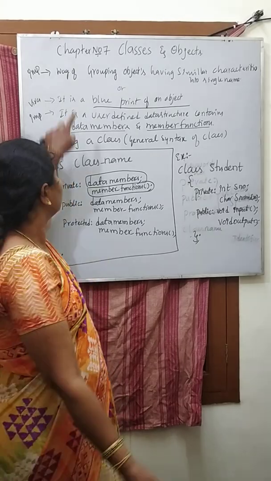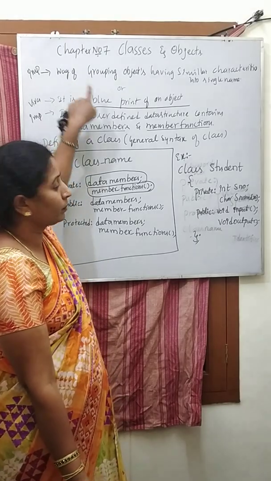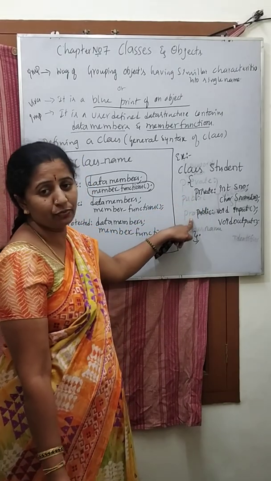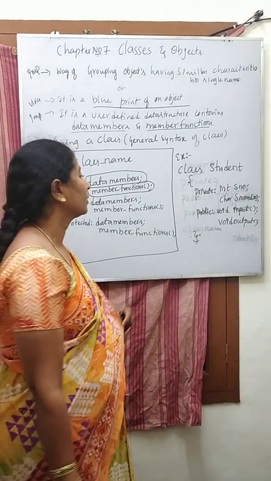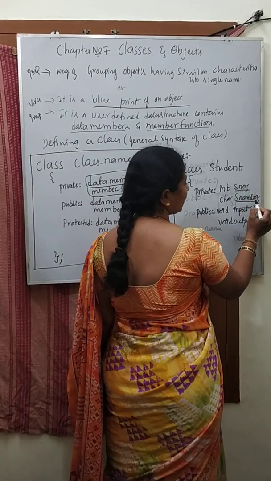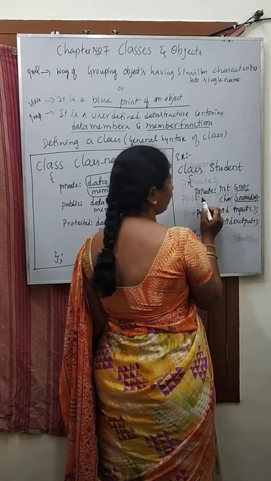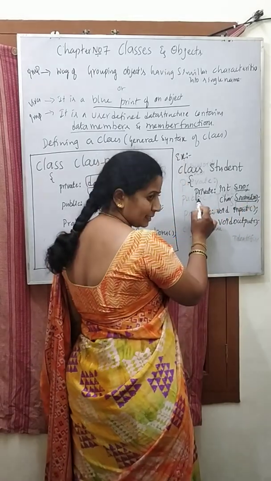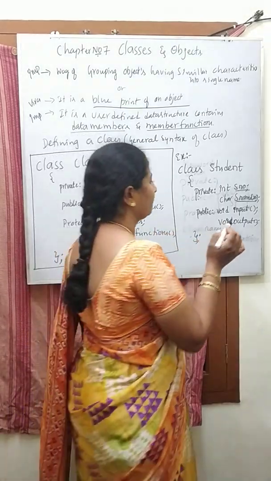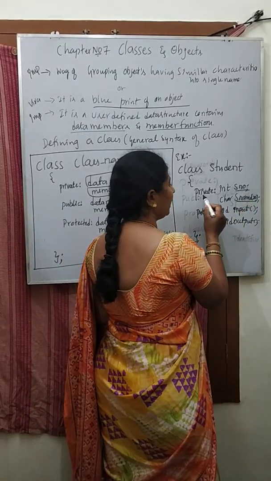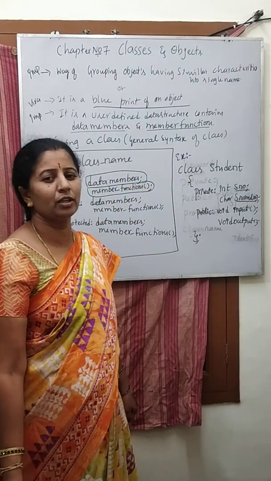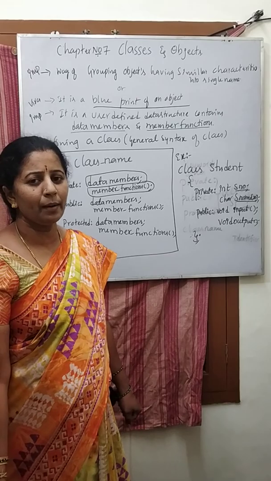Viva question: class is a viva question, data member is a viva question, and what are the access specifiers is a viva question. Did you get it? What is a data member? These are the variables. These two variables we have declared under an access specifier, and we are not telling which one; any access specifier. The variables which are declared under an access specifier within the class definition are called data members.